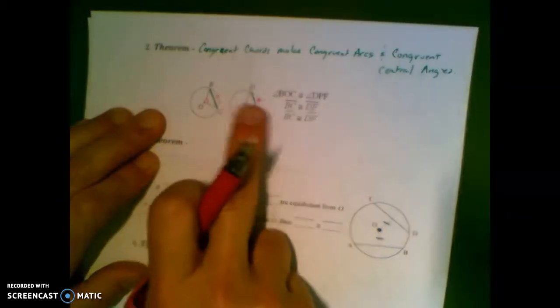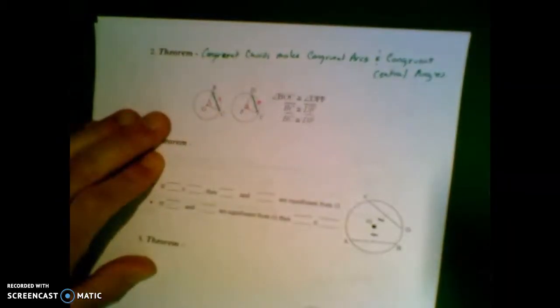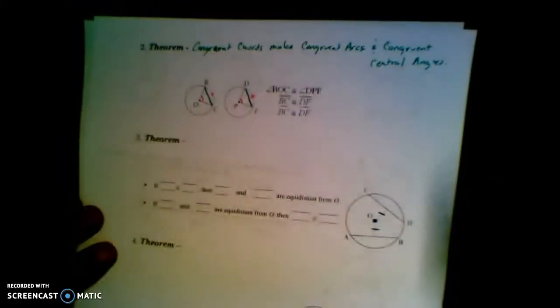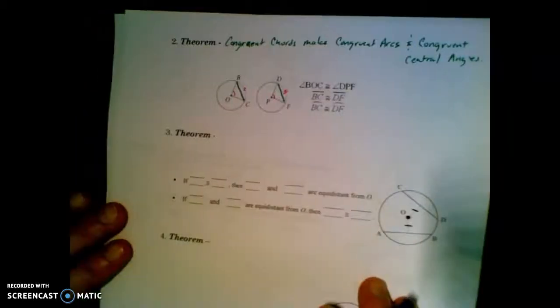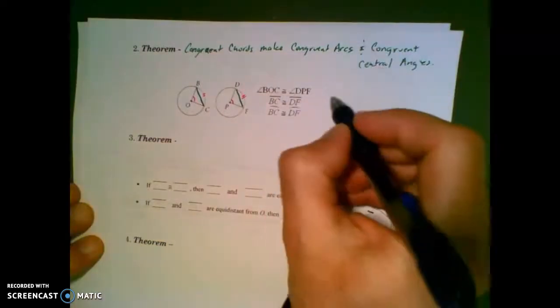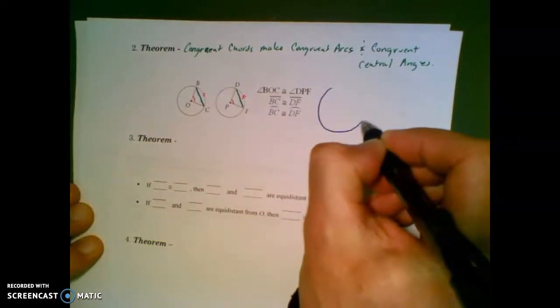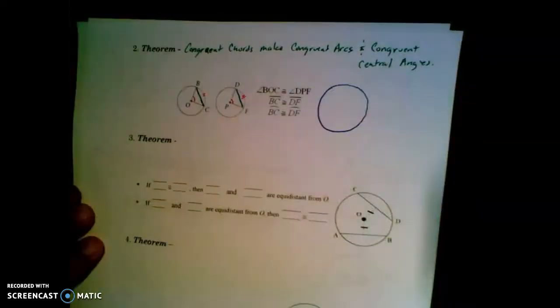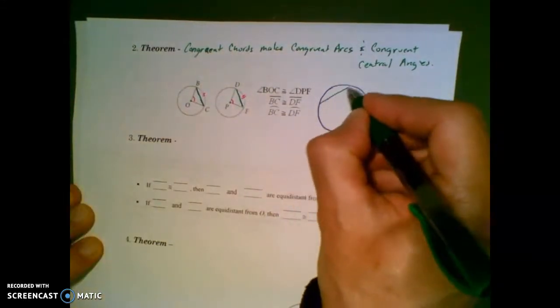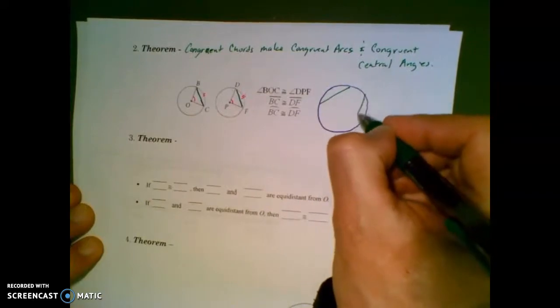So it can happen in two congruent circles, or it could just happen in one big circle. All right, so if I have one big circle, it also works in that. So if I have a big circle like this, and I draw in my congruent arcs like this, so that arc's congruent to this arc over here.